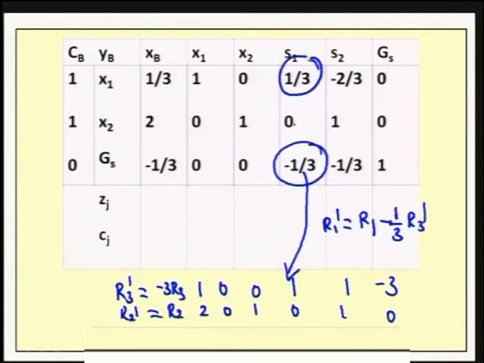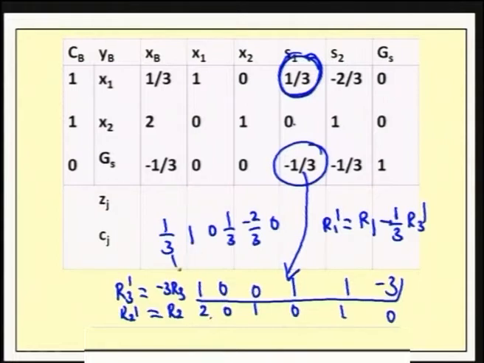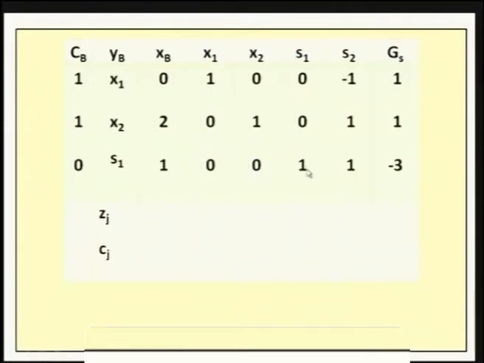This row is 1 by 3, 1, 0, 1 by 3, minus 2 by 3, 0. If you multiply R3 dash by 1 by 3, it becomes 1 by 3, 0, 0, 1 by 3, 1 by 3, 0. Subtracting it, this term becomes 0. This gives the next table, where the pivot element becomes 1 and the remaining elements in that column are 0.